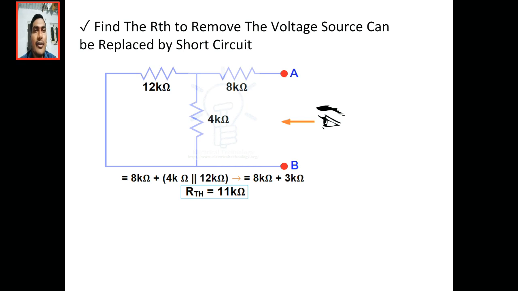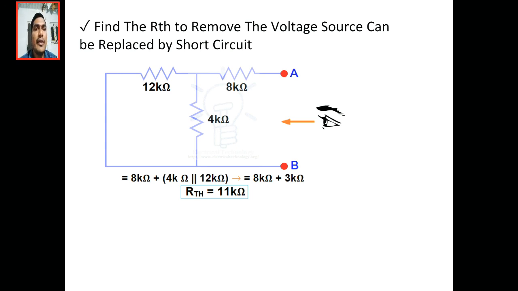So for Thevenin's, by open or short circuiting the sources, we have to find the equivalent resistance from the A and B terminals. Just assume we are standing at the A and B terminals. Then see the circuit. Then what will appear? 12 and 4 are in parallel and in series with the 8 kilo ohms.